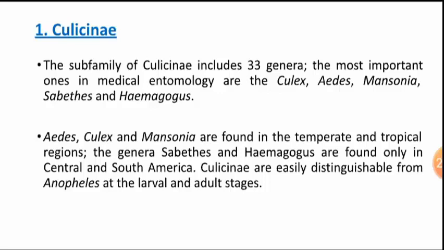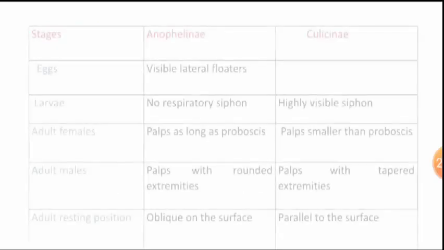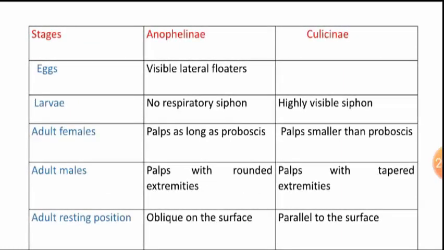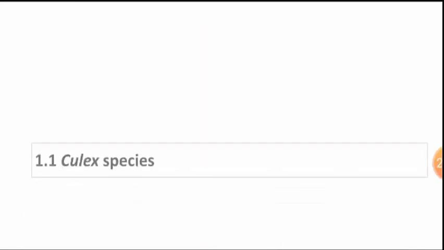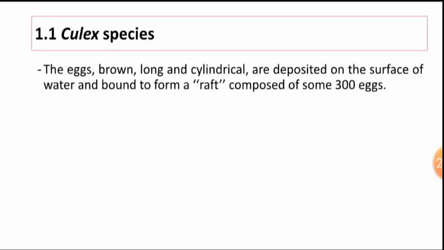Culicini are easily distinguishable from Anopheles at the larval and adult stages. And this table shows the differences between subfamily Anophelini and Culicini. Let's talk about species. Number 1, Culex species.